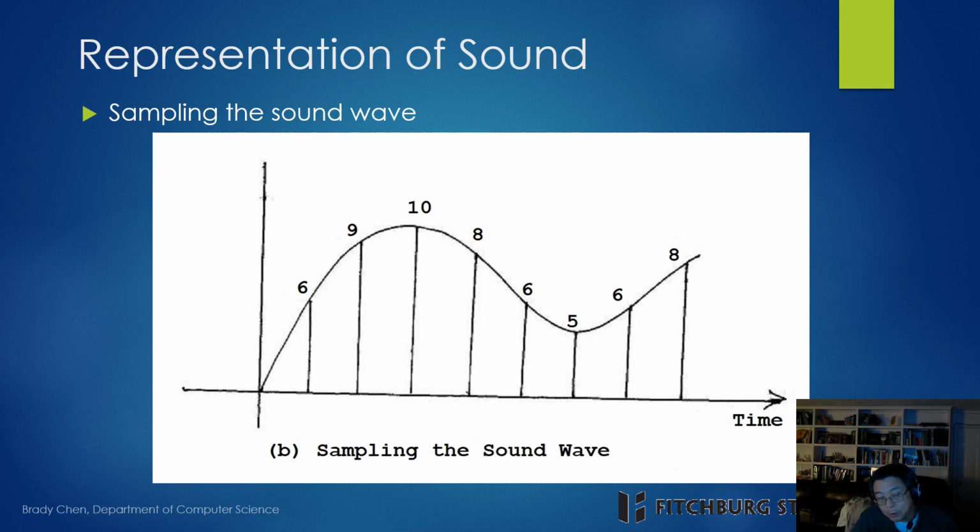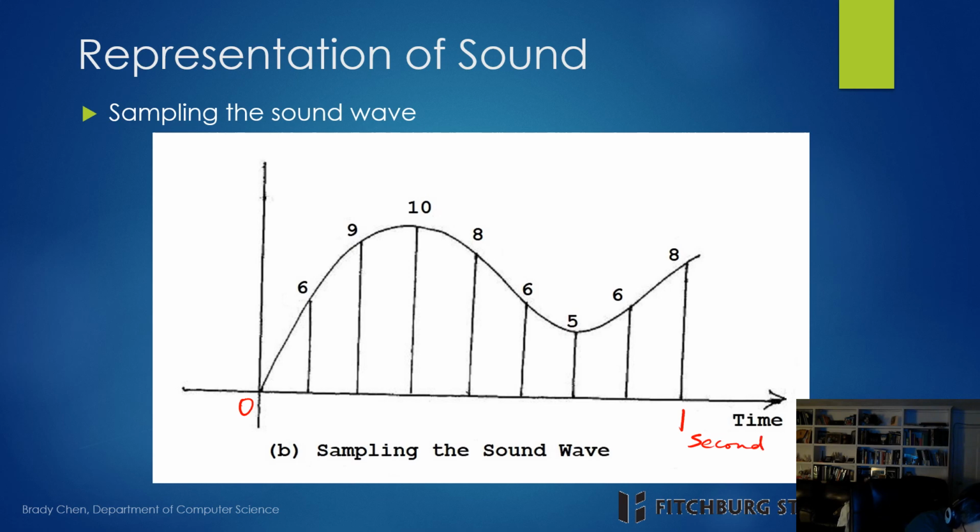To convert an analog sound wave into a digital format, we need to use a technique called sampling. Here's what we're going to do. Let's assume that this is the analog sound wave between time 0 and 1, let's say 1 second.